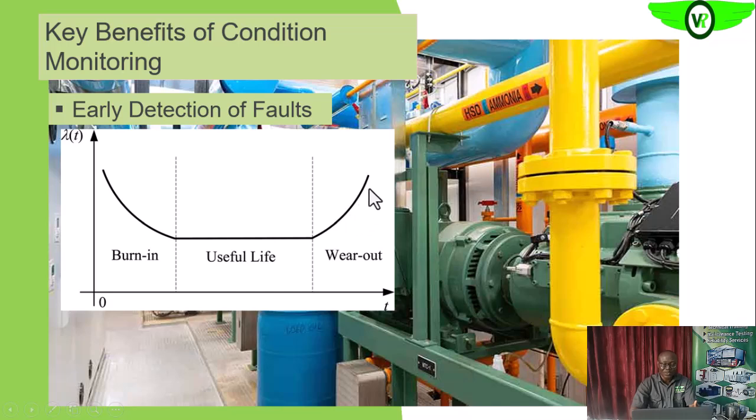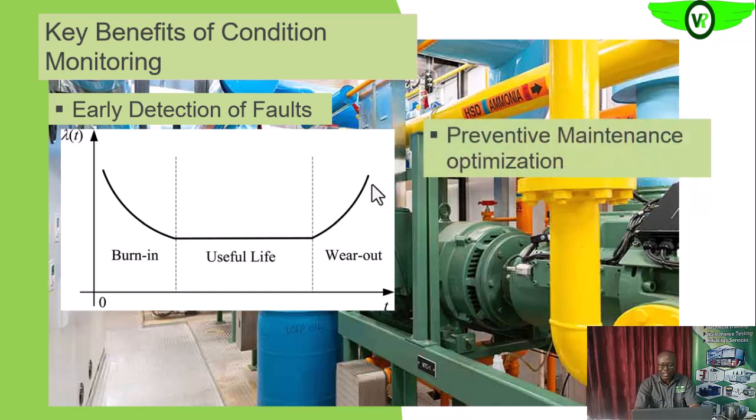And once you see it going into this wear out region, you know that that component is deteriorating already. Are we getting it? So it helps you to see that fault condition at the incipient stage, when it is in the formation stage, before it affects other components in the system, allowing us to continue monitoring or to intervene to bring it back to what is normal.